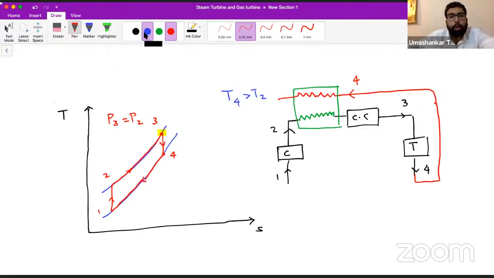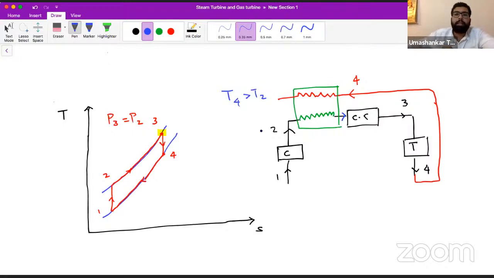Okay, so what will happen when they both interact? What will happen when something hot and something cold come in contact with each other? There will be some transfer of heat. So how will the heat transfer? Heat will transfer from high temperature to low temperature, means from the hot fluid to the cold fluid.